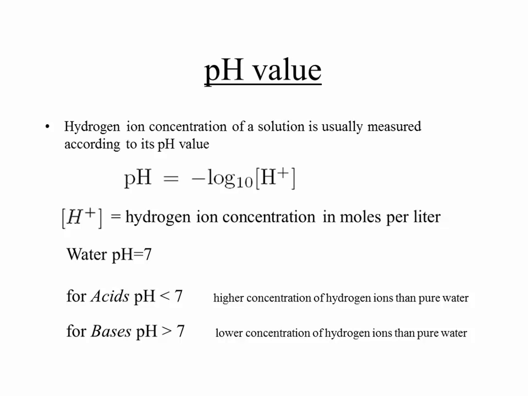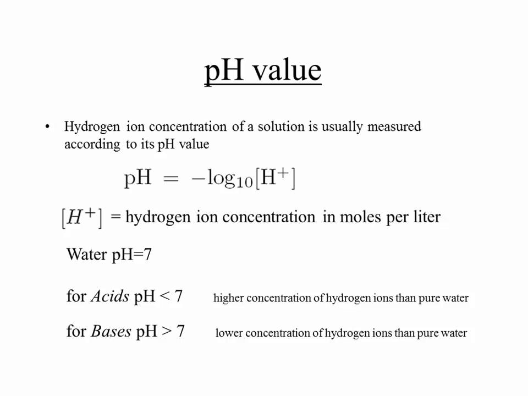Now, we said that acids are characterized by an increased hydrogen ion concentration. The hydrogen ion concentration of a solution is measured using pH, and pH is given by the formula minus log to the base 10 of the hydrogen ion concentration expressed in moles per liter.